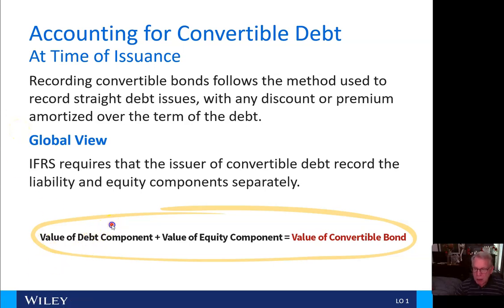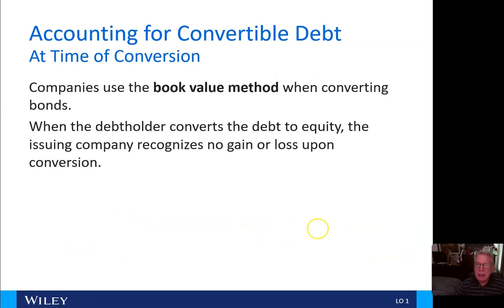So we have the value of the debt component, the value of the equity component, and the value of the convertible bond. Now, companies use the book value method when converting bonds. When the debt holder converts the debt to equity, the issuing company recognizes no gain or loss on the conversion.